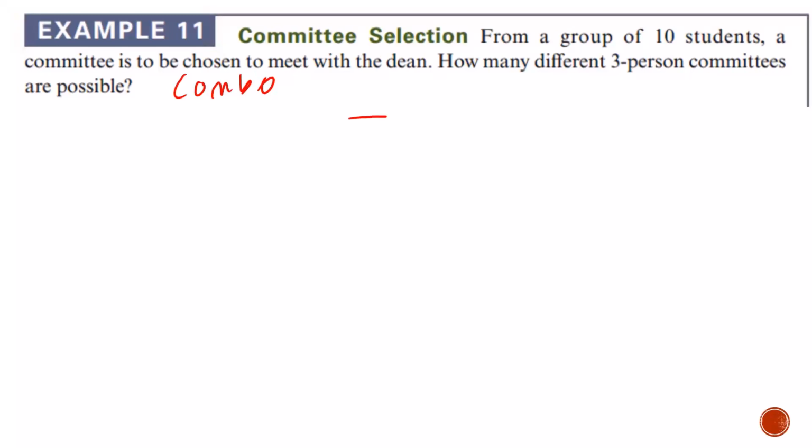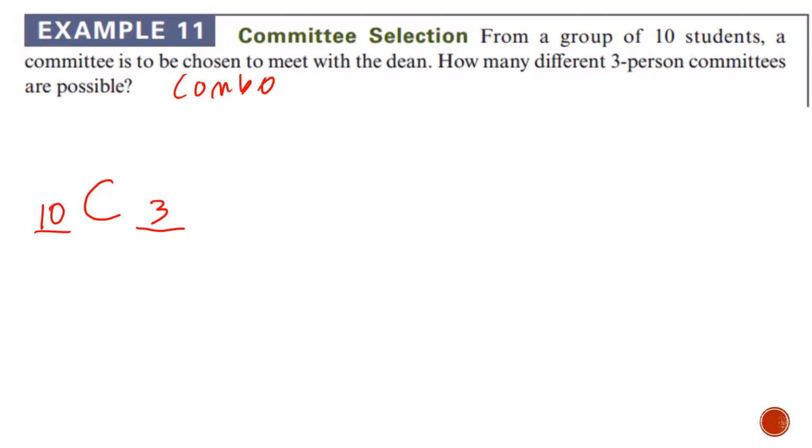So the only question is what number goes in what part. So that's a C, C something. What's the first something? 10. I have 10 objects, and from that I am choosing. Do we all get why it's 10C3? So all you have to ask is, what's N, what's R, and is it a combination or a permutation?